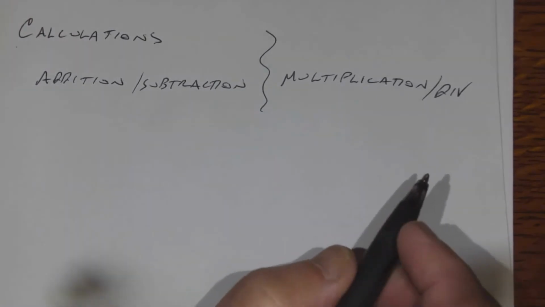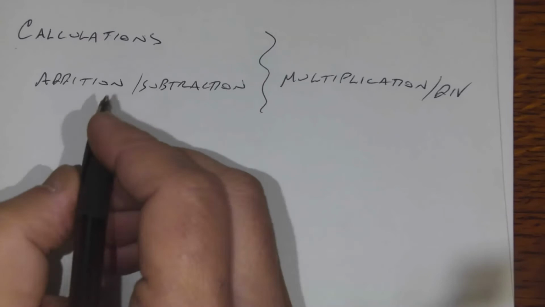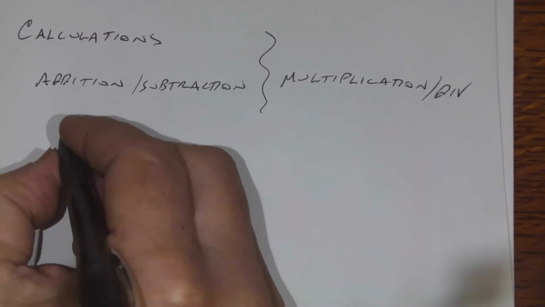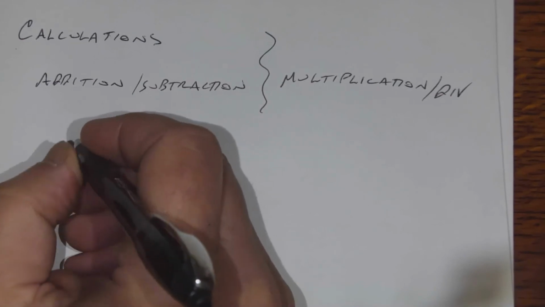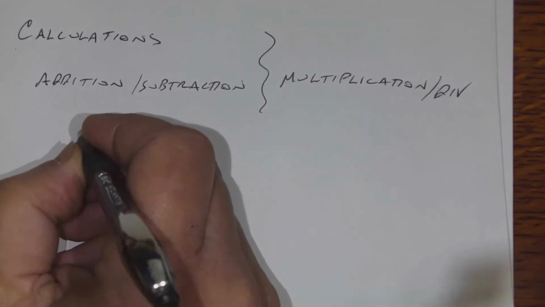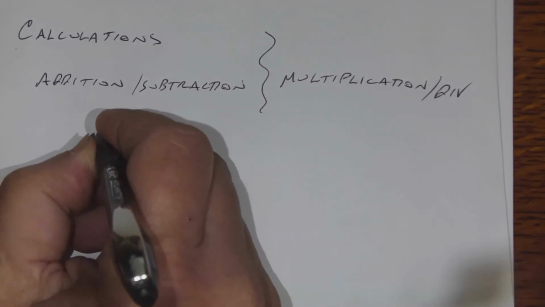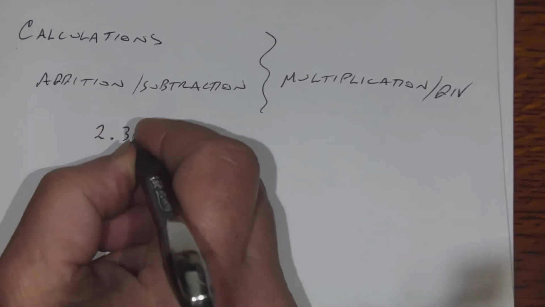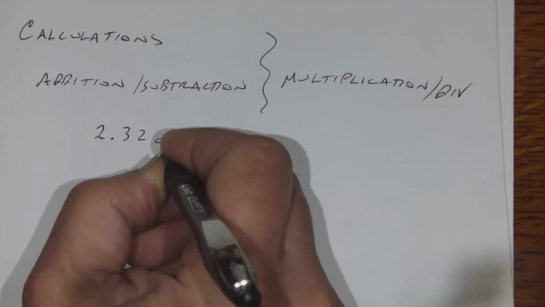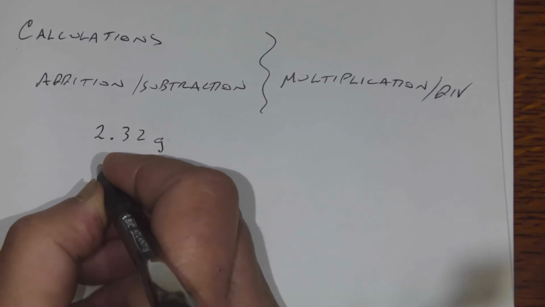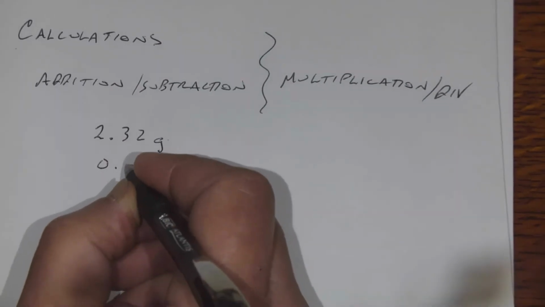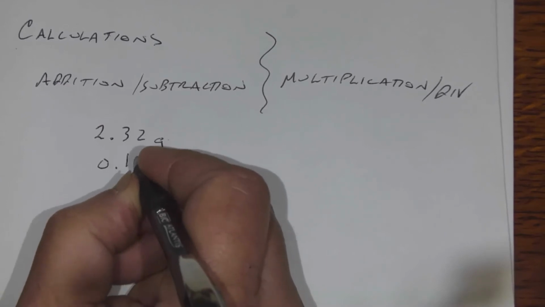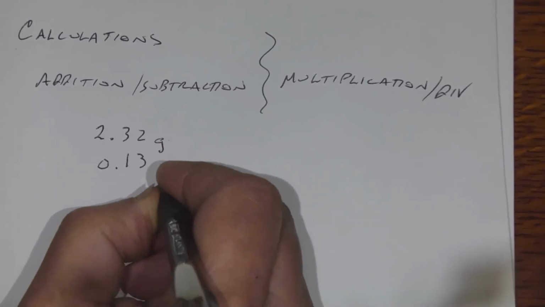Inches times inches gives me square inches. Okay, so what does that mean? There's a couple of ways to look at this, but if we do it by example, let's just say I have two objects that I'm going to add together. One of them is 2.32 grams, and the other one is going to be 0.13 grams.